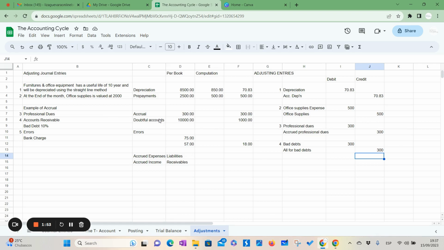So your accounts receivable will have a net balance of 9,700. And lastly, we have the errors. We have bank charge of 18 and credit cash in bank of 18.